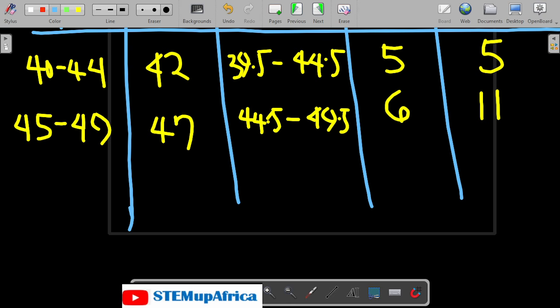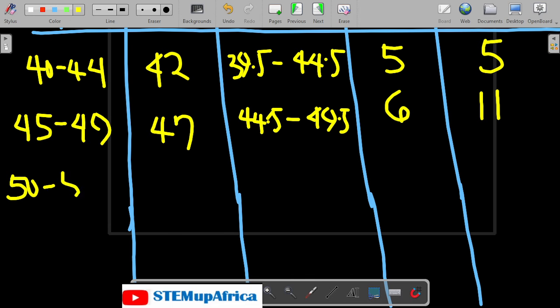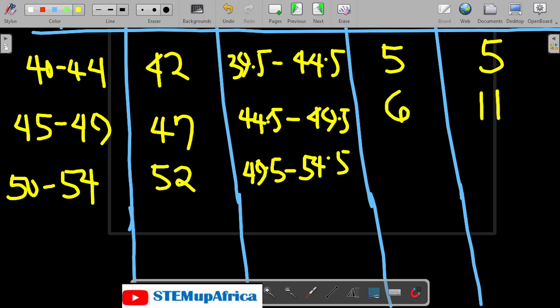So let's go to the next class interval. Next one we have 50 to 54. Class mark here will give us 52. Class boundary is now 49.5 to 54.5. Frequency is 10.